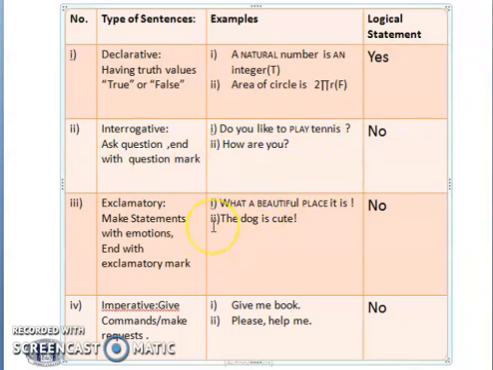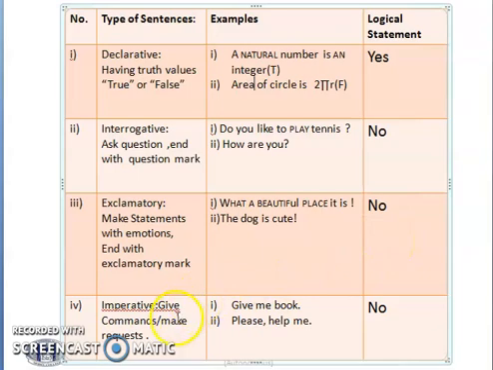Third one, exclamatory sentences. You can simply identify these sentences by the exclamatory mark, and they express emotions. For example, what a beautiful place it is. The dog is cute. So it is not a logical statement.